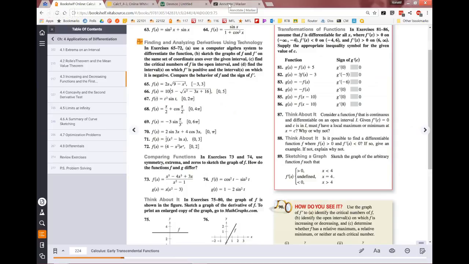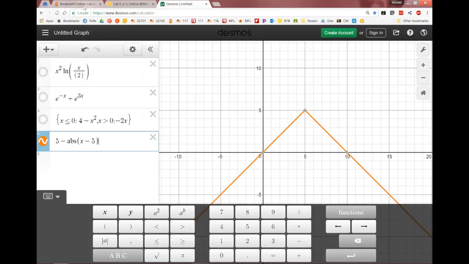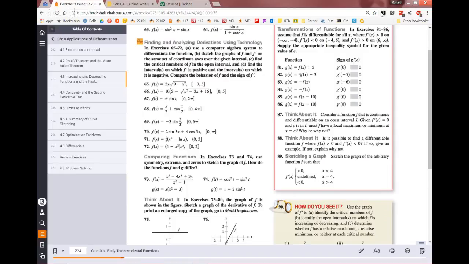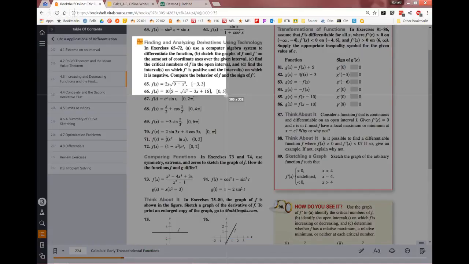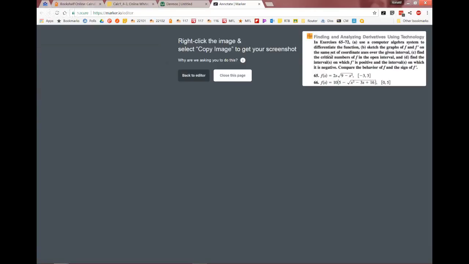Let's grab it. And you know what? I'm going to grab the directions with it. So let's get rid of that. Go back. Grab. So we're supposed to pretty much use a computer to do this one. So copy.